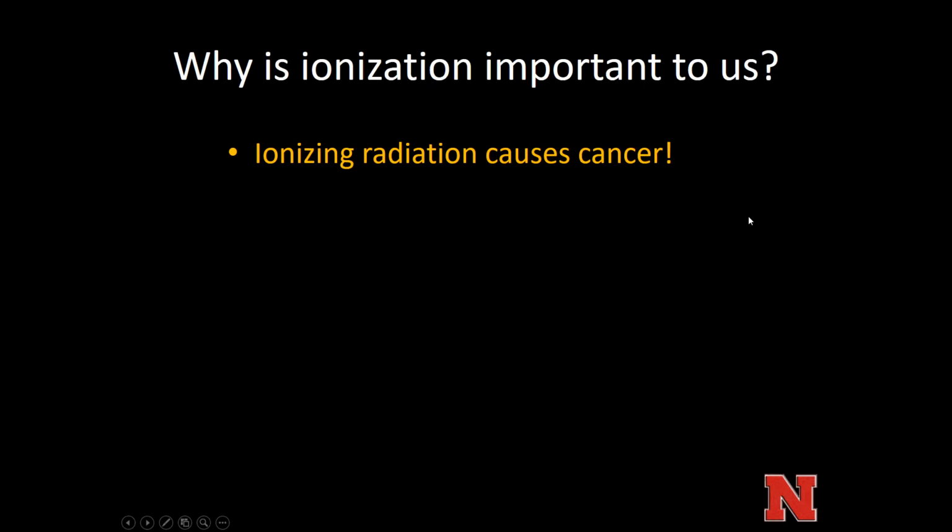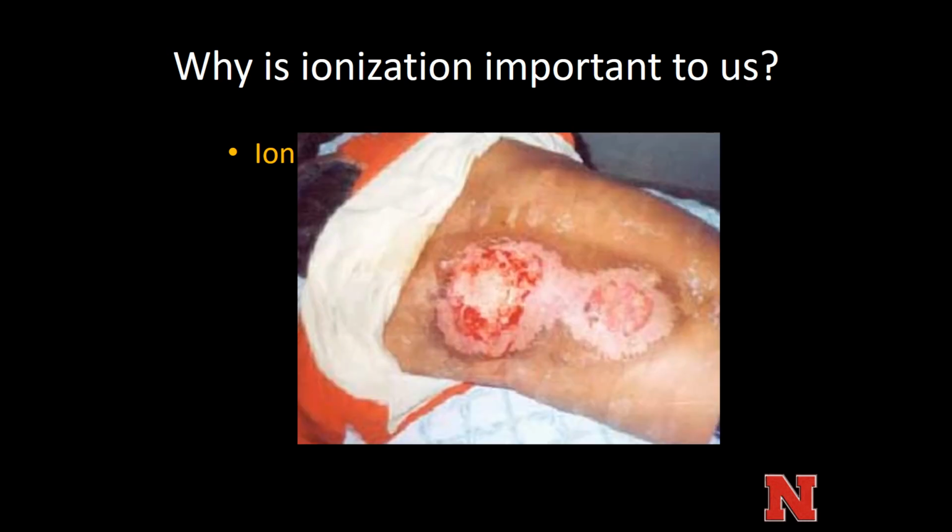So why is ionization important to us? Why are these charged particle interactions important? Well, they cause cancer. Also, they can cause skin burns. This was a patient that underwent a heart cath, and the X-rays generated during that heart cath were detrimental to the skin, and caused a pretty bad skin burn.